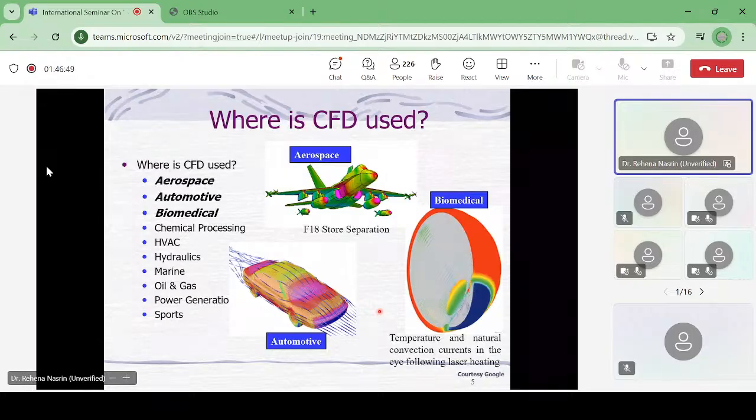There are many sectors in our environment. We can use this, like aerospace. Here, the figure shows a separation problem, and the right figure shows the biomedical sector. Here, this is an eye, following measured heating temperature.